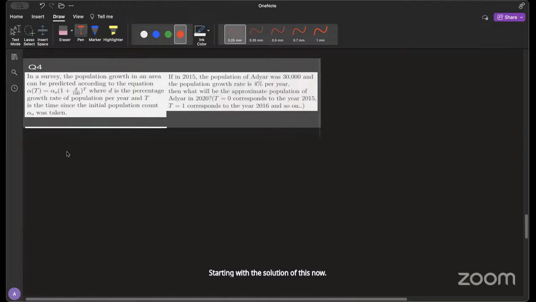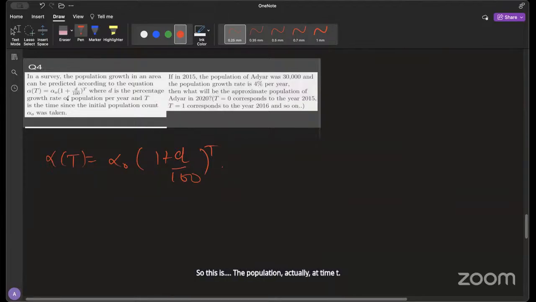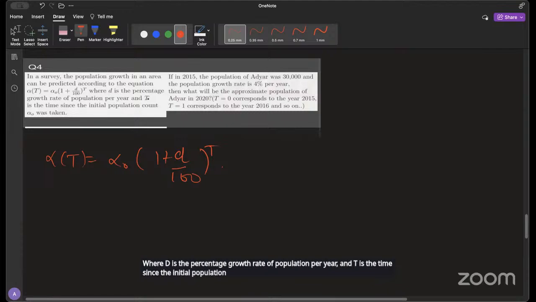So we've been given an equation, alpha t equals alpha naught times 1 plus d by 100, to the power t, right? The population growth in an area can be predicted according to this equation. This is the population at time t, where d is the percentage growth rate of population per year and t is the time since the initial population count alpha naught was taken.